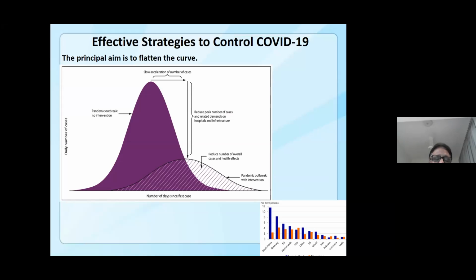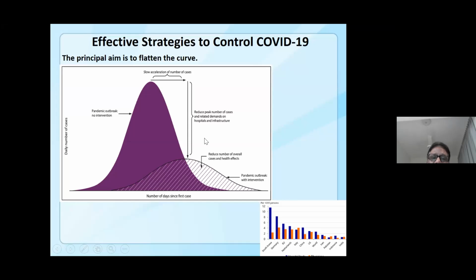If you see this curve in this picture, normally when there's a pandemic and there's no intervention, the disease runs its own course, and then there's a peak, and then slowly, as the number of days or months pass, the number of cases come down. Now, there is this reduced curve that I'm showing you in the picture here.